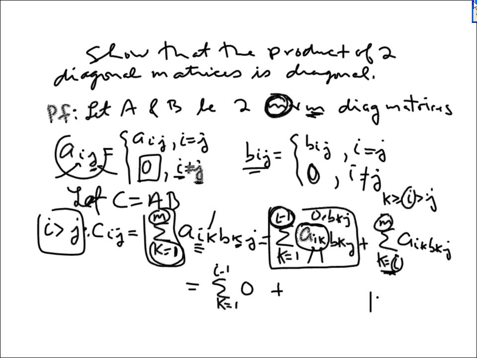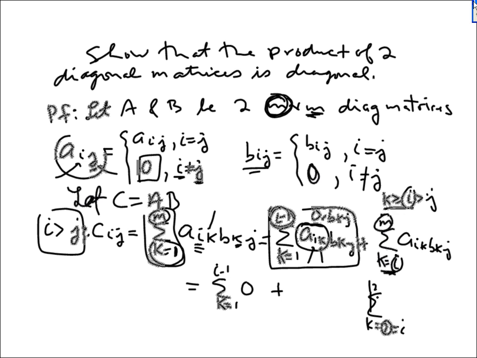For example, if i was 7 to 12, m is 12. So that's i. Well, k is either that number, or k is 8 or 9 or 10. It's bigger.